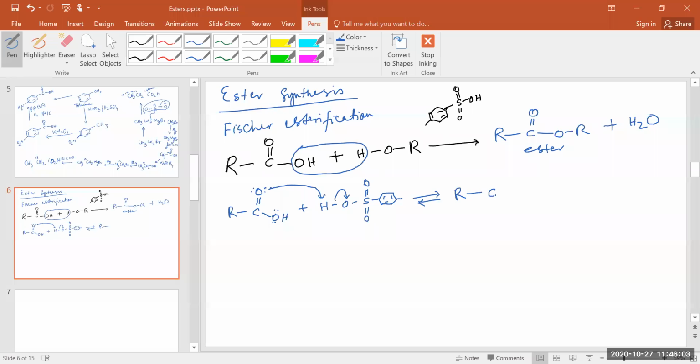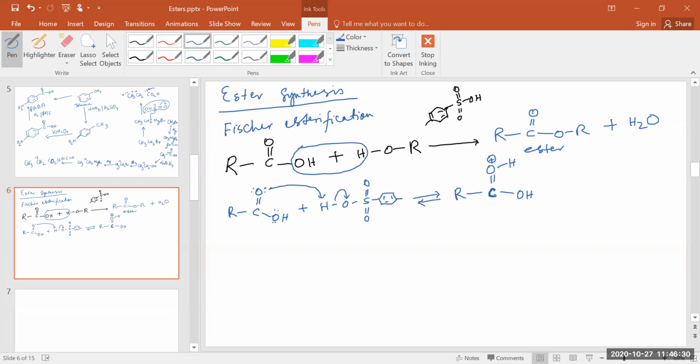So it will be RC(OH) plus OH. This protonation makes this carbon more electrophilic because of the positive charge on oxygen, which makes the oxygen more electron withdrawing.